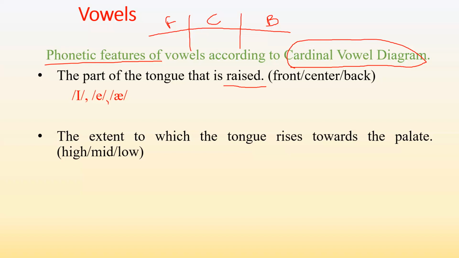So what is the front vowel? What is the central vowel? And what is the back? To identify that, you actually need to say these vowels. You need to produce them, paying attention to the behavior of the tongue. You need to check what part of the tongue is moving. Let me say these vowels one by one. Feel this yourself and then tell me.